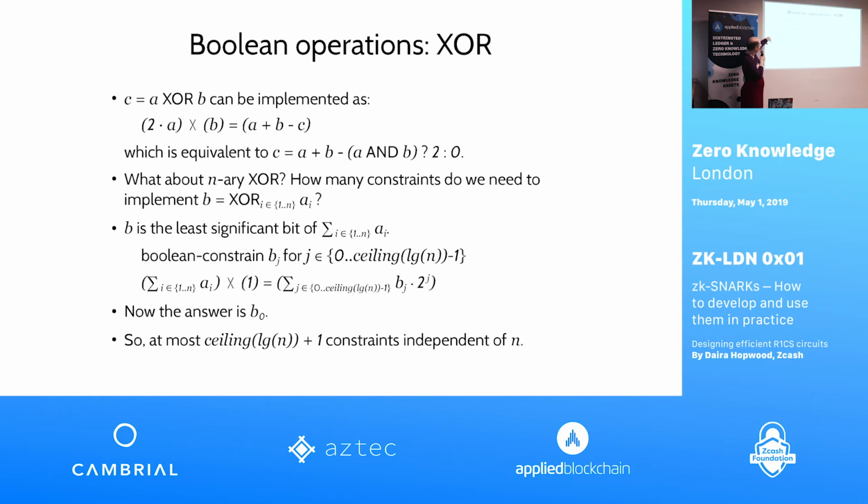Now, when we try to do an n-ary version of this, it turns out that we can't do it in a fixed number of constraints like we could for AND or OR. And there's a reason for that, because in the truth table of an exclusive OR, half the outputs are 0 and half the outputs are 1.